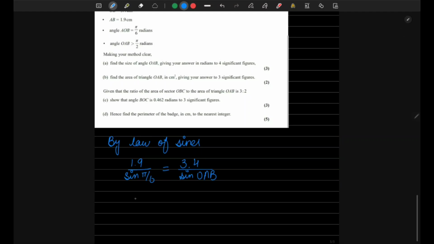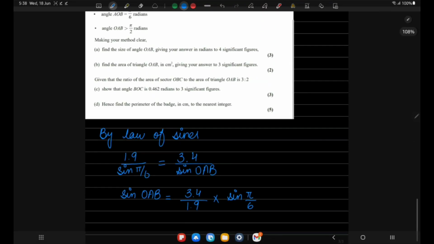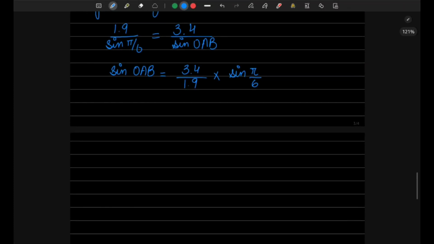So sine OAB equals 3.4 over 1.9 times sine pi by 6. Solving this will give you 0.8947.